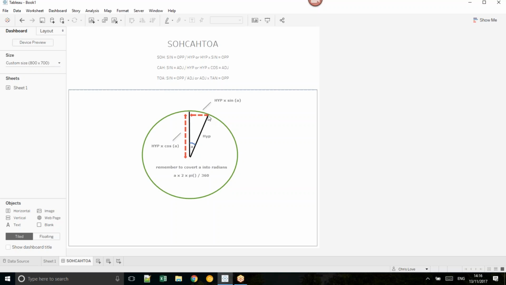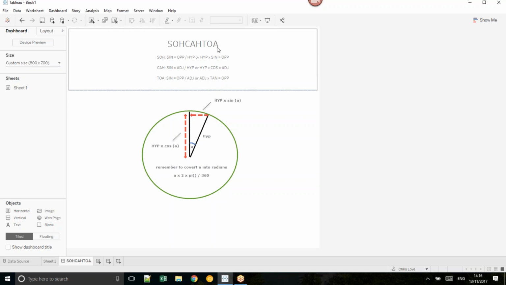Then all I need to do is remember that when I'm looking at that point with reference to this angle A, this point is the opposite side and this side is the adjacent side. This one, the long side of the triangle, is the hypotenuse.